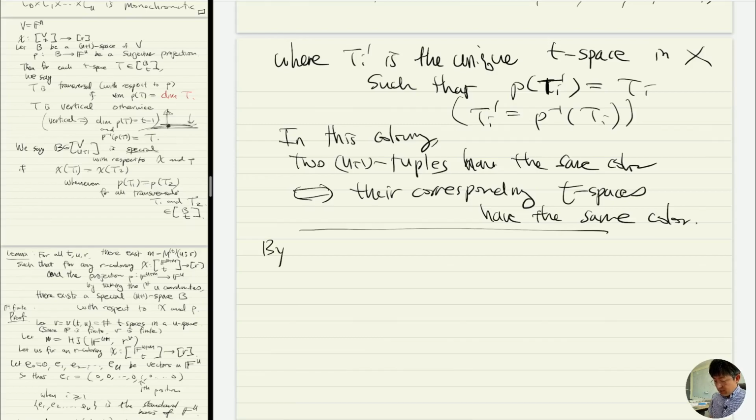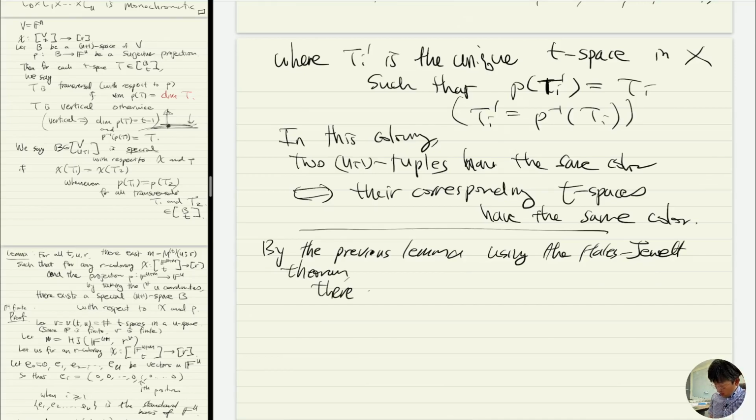Now, by the previous lemma, using the Hales-Jewett theorem, there exists, yeah, so how big do I need?